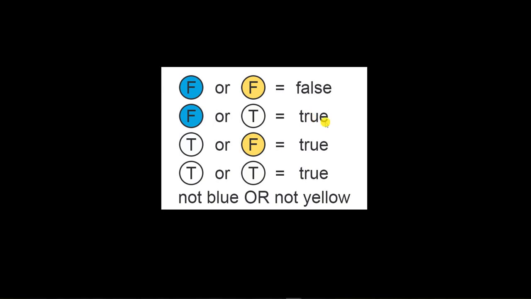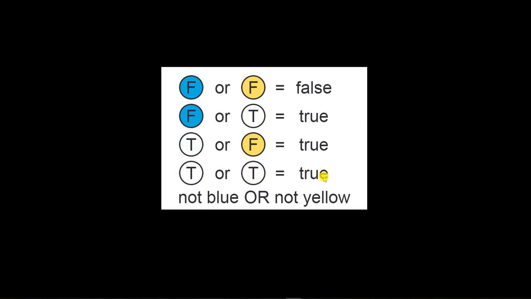So therefore, my whole statement becomes true now. Same thing here because I have a yellow tag. Yes, that half of this statement is false, but I don't have a blue tag, so that makes that half true. Therefore, my whole statement is true. And of course, if I have neither tag, then my whole statement is true.